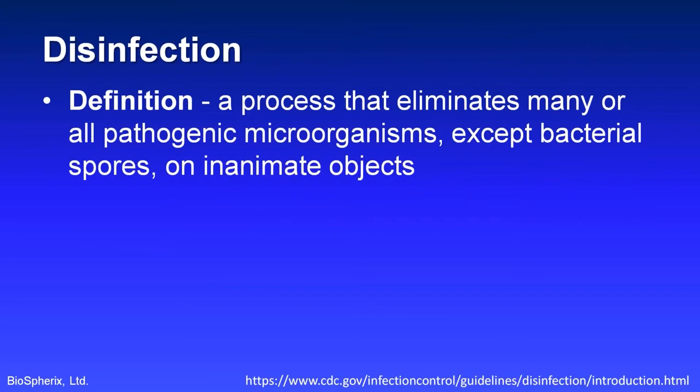It refers to a process that eliminates many or all pathogenic microorganisms, except bacterial spores, on an inanimate object. In healthcare settings, objects are usually disinfected by liquid chemicals or wet pasteurization. Each of the various factors that affect the efficacy of disinfection can nullify or limit the efficacy of the process.